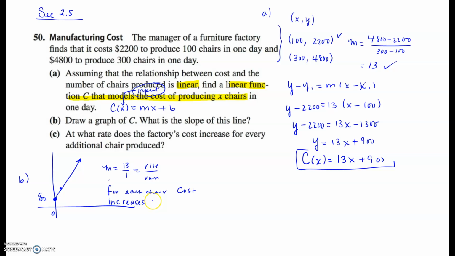For each chair, cost increases at a rate of $13 per chair. Okay, at what rate does the factory's cost increase for every additional chair produced? Okay, and we already have that stated. That was C. Hope this helped.